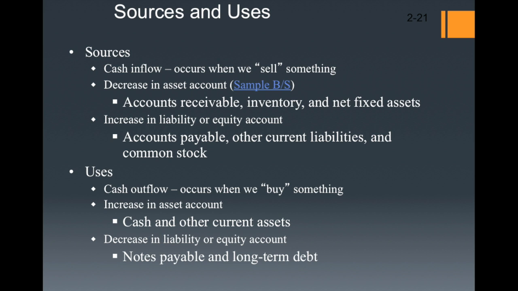Think of some examples of why that must be the case, why decreasing assets and increasing liabilities adds to your cash, and why increasing assets and decreasing liabilities subtracts from your cash available. Again, a concept you will use repeatedly.